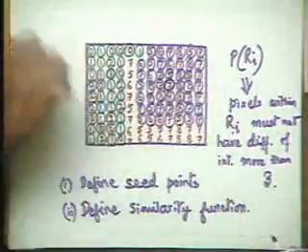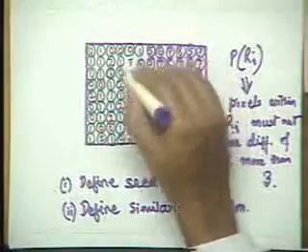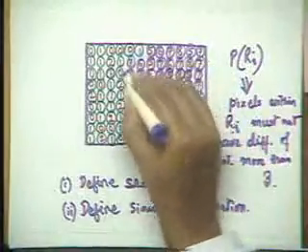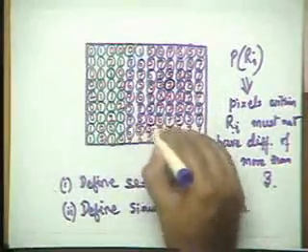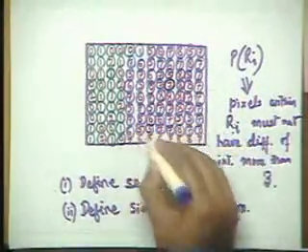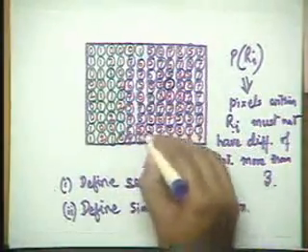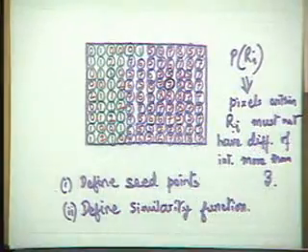So you see that this blue region is growing, and after one more iteration all these pixels will belong to the blue region. After one more iteration, even these pixels will belong to the blue region.